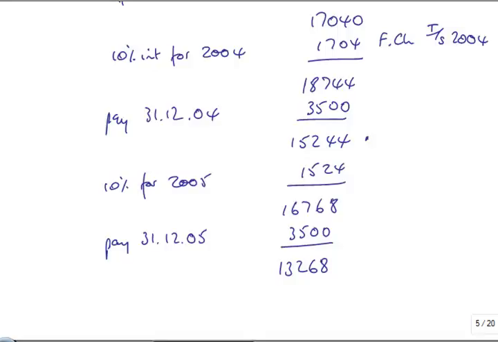And if that's the total liability, then the difference is current. Now you can either look at that difference, or you can say it's 3,500 minus 1,524, 1,976.